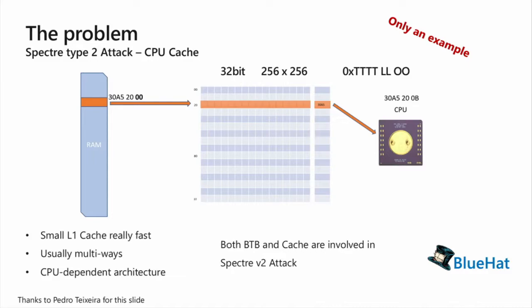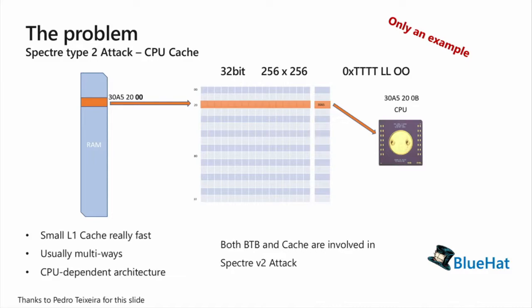Basically, we have an example of a 32-bit CPU. You can imagine the cache like a big array composed of rows, where each row is 256 bytes long. In this case, the address, which could be a physical or a virtual address, it is not important in this example, is composed of a tag, a line, and the offset.